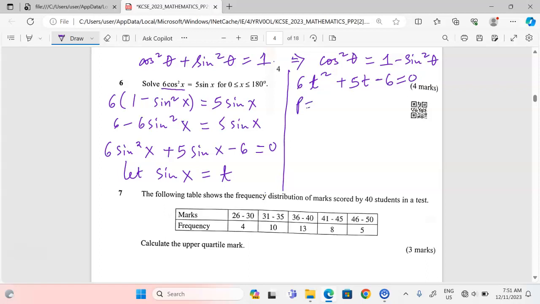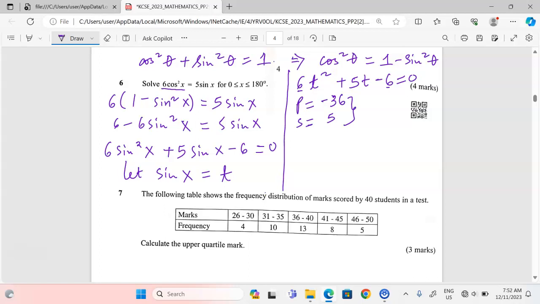We need two factors whose product is 6 multiplied by negative 6, which is negative 36, and whose sum is 5.